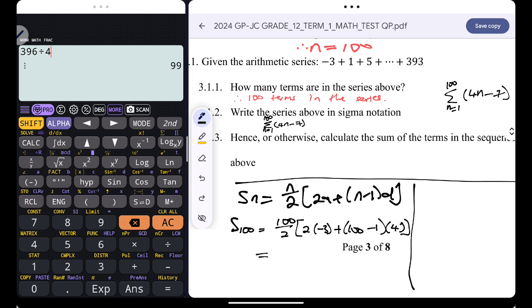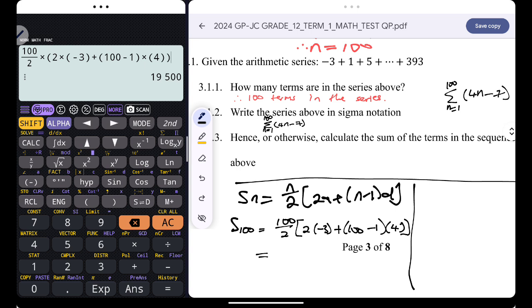I'll just substitute here and then find the solution. 100 all over 2 multiplied by 2 multiplied by negative 3 plus 100 minus 1 multiplied by 4.